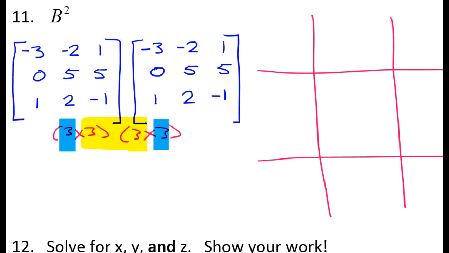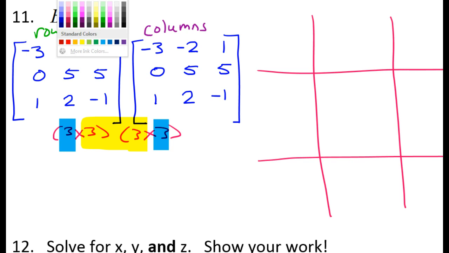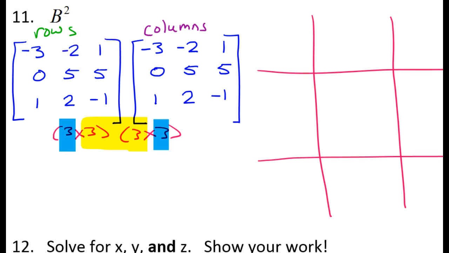Remember that the rows will come from the first matrix and the columns will come from the second matrix. So the way it works is we will multiply rows by columns. Row 1 will go all across row 1, so I will have -3, -2, 1.